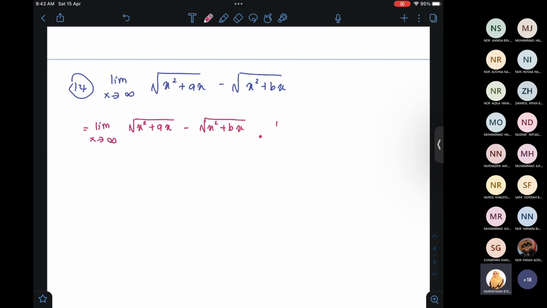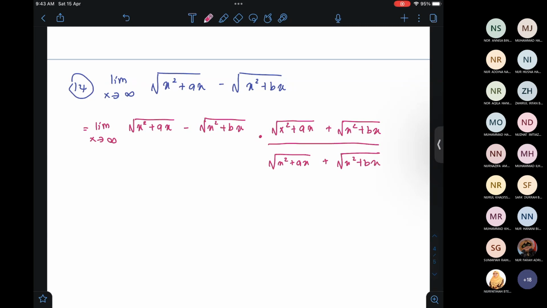So the upper part we have the square root of x squared plus ax, and then plus the square root of x squared plus bx. For the bottom part also the same thing: the square root of x squared plus ax plus the square root of x squared plus bx. Let's multiply. The upper part, the square root disappears, so we have x squared plus ax. For the middle terms, minus and plus, they give zero.